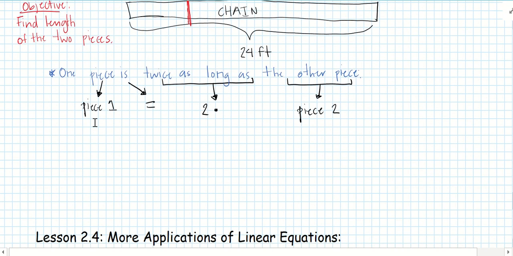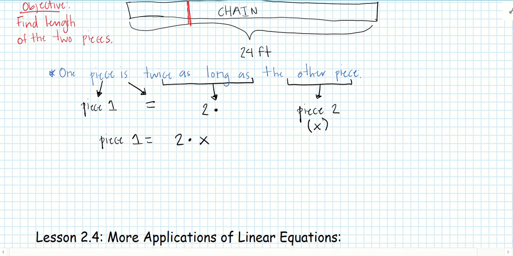Notice how the first piece is being described in terms of the other piece, right? Because it says twice as long as the other piece. So let's say that piece 2 is going to be x. I'm going to assign the variable x to piece 2. So then I can say that piece 1 equals 2 times x. Okay?